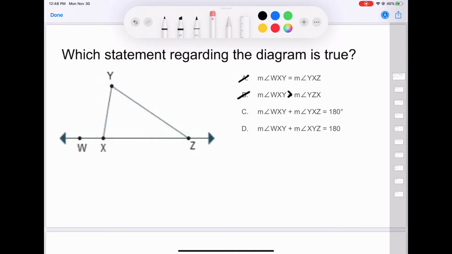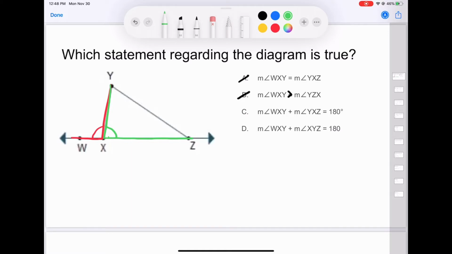Let's look at the next statement, sorry. This statement says the measure of WXY plus the measure of YXZ, when added together, equal 180 degrees.